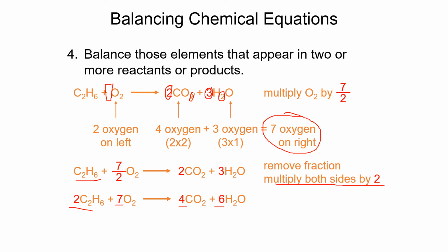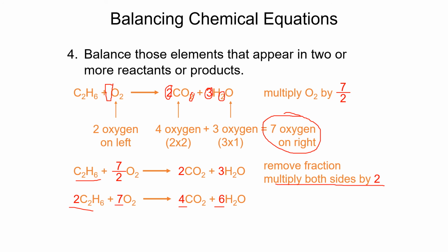We cannot have a fraction in a chemical equation. So we have to use a multiplier to get rid of that fraction, so we have whole numbers for coefficients. We will look at formation equations, which follow different rules. But for the general balanced chemical equation, we need whole numbers.